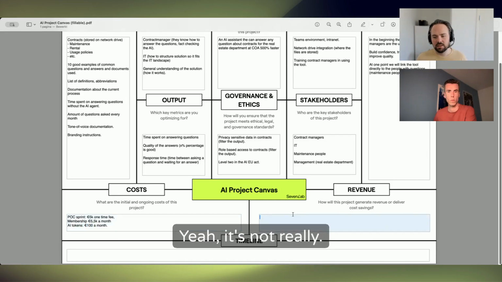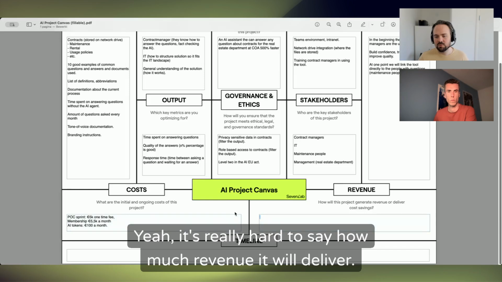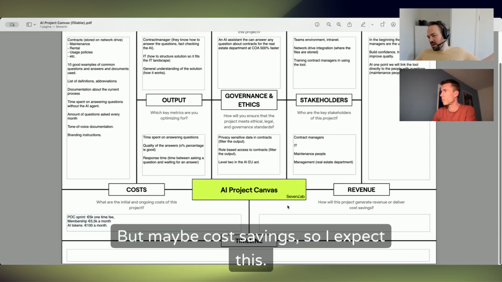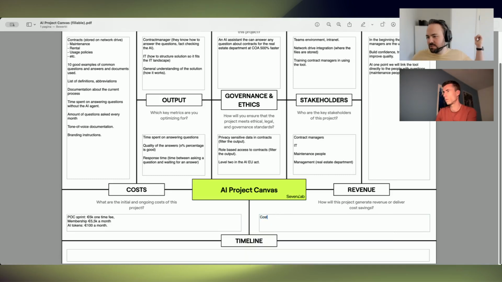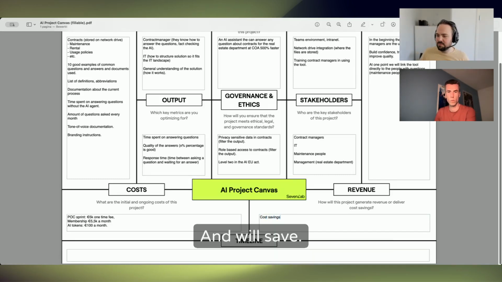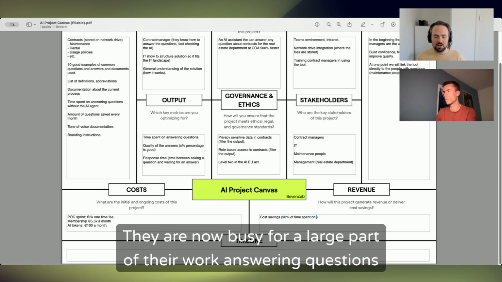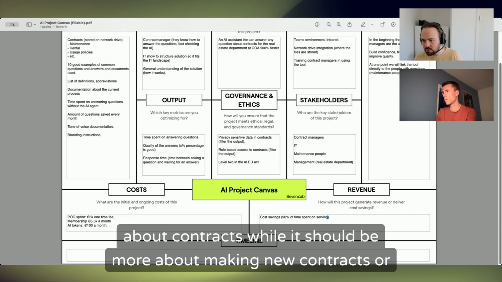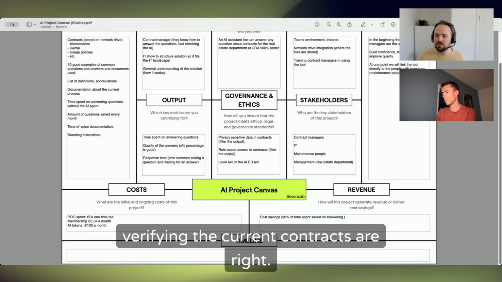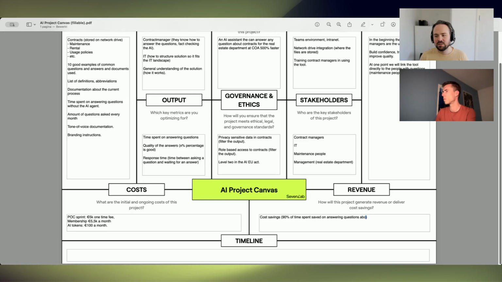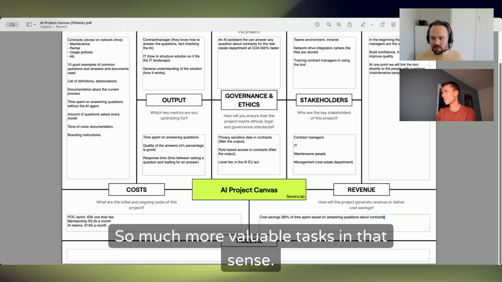It's really hard to say how much revenue it will deliver, but maybe cost savings. So I expect this, in the end, will save maybe 90% of the time from the contract manager's service task. They are now busy for a large part of their work answering questions about contracts, while it should be more about making new contracts or verifying the current contracts are right. So much more valuable tasks in that sense.